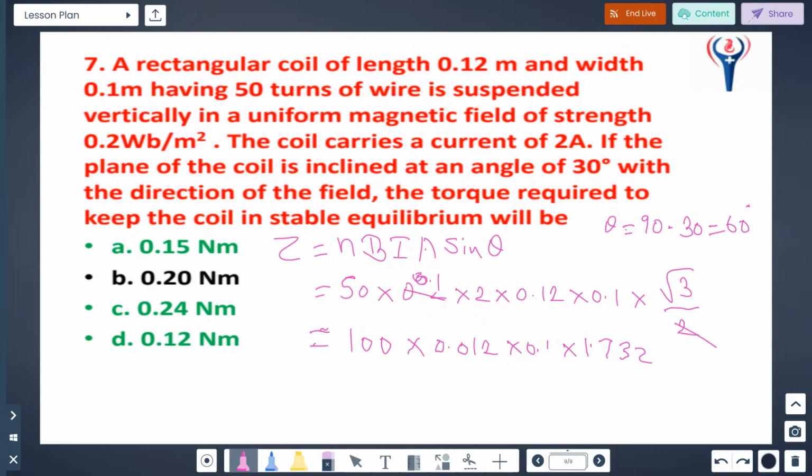On simplifying this, you will get tau equal to 0.2078, something like that. That's approximately 0.2, and the unit of tau is N into M, Newton into meter. So which option? Option B. Option B is the correct answer.